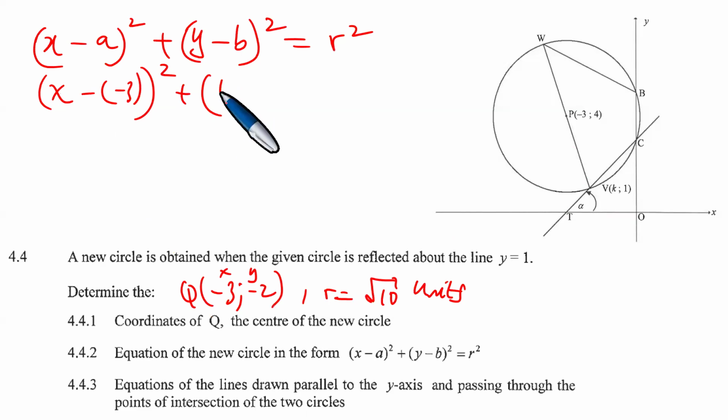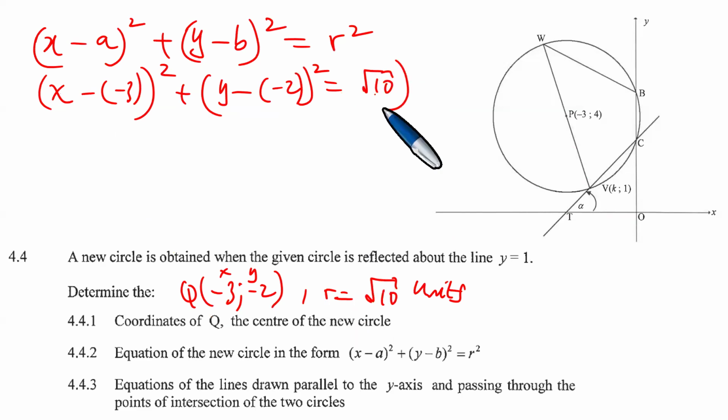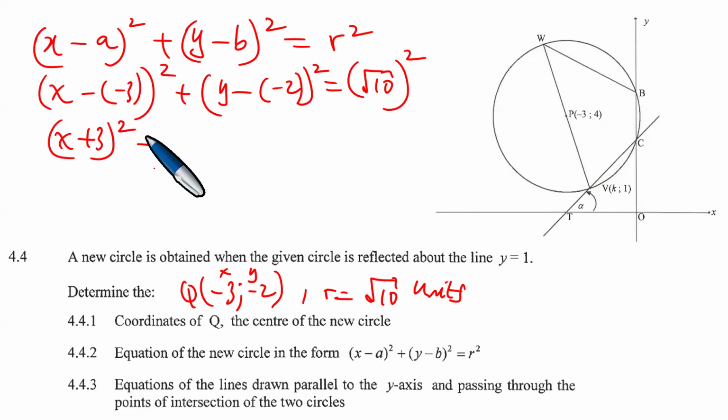And then the y minus the b is the radius, square root of 10, and you square. And this is exactly x plus 3, you square this, and this is y plus 2, and you square this. If you square that, you get exactly 10.